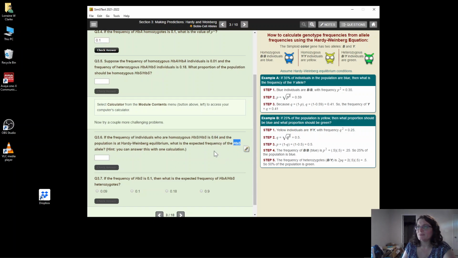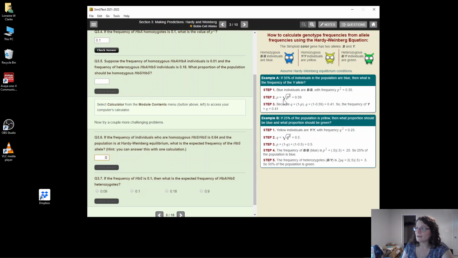So the HBS allele, remember, if you have homozygous recessive individuals, you don't have the frequency of the S allele yet. Remember, heterozygotes have some of those in them. So it's actually going to be, again, 0.64, square root of 0.64. And it shows you how to do that, okay?